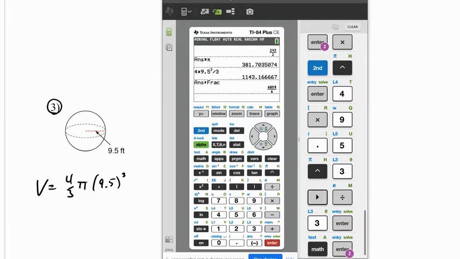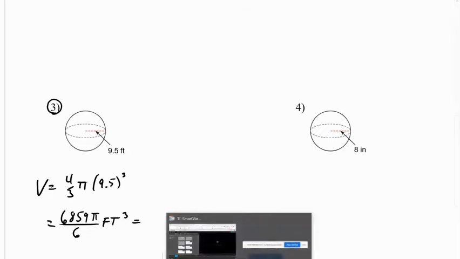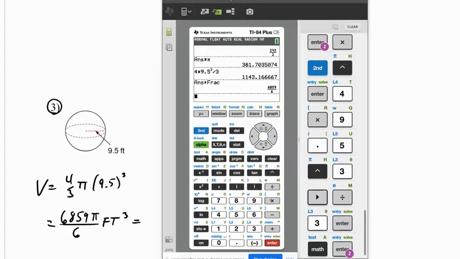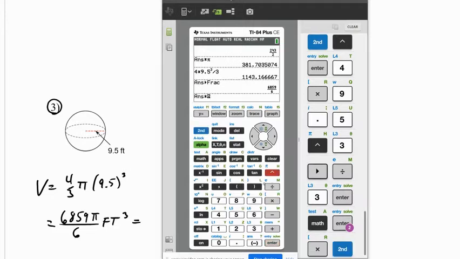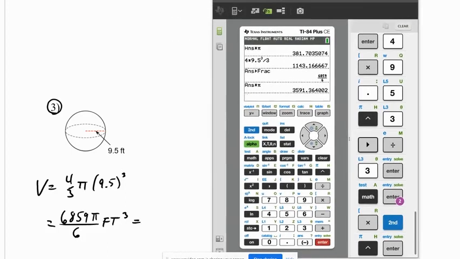So that is 6859 over 6. So 6859 pi divided by 6 is our exact volume, and that's in cubic feet or feet cubed. And then as a decimal approximation, we'll say times pi, and that is 3591.36.